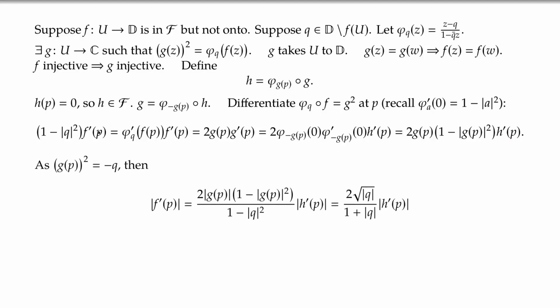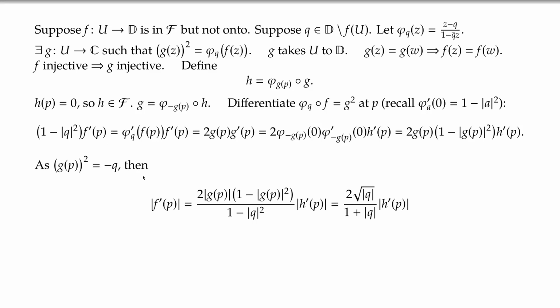So we're interested in the modulus. Now, g of p squared is minus q. That comes up just by plugging in z equals p over here. So f of p is 0, so plugging in 0 into phi of q, I get minus q.